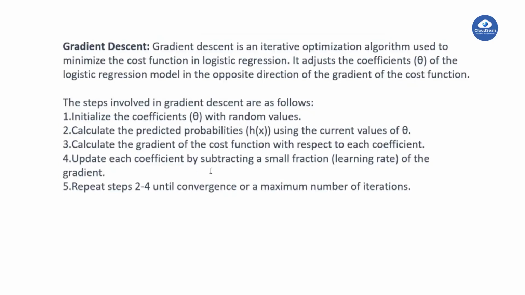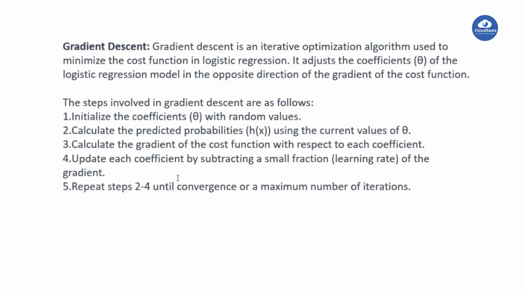Update each coefficient by subtracting a small fraction, which is the learning rate of the gradient. While building the model, it will automatically learn which input values give good predictions on the output value. Based on that, it will update the coefficient value.